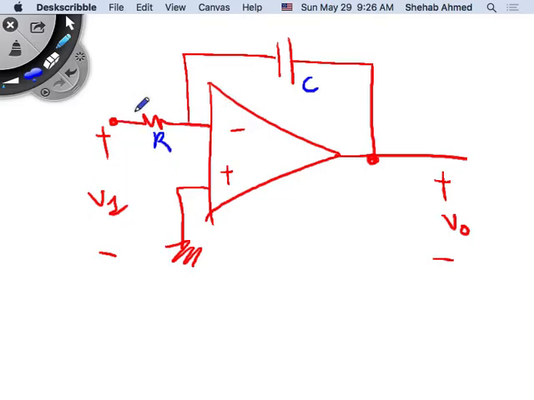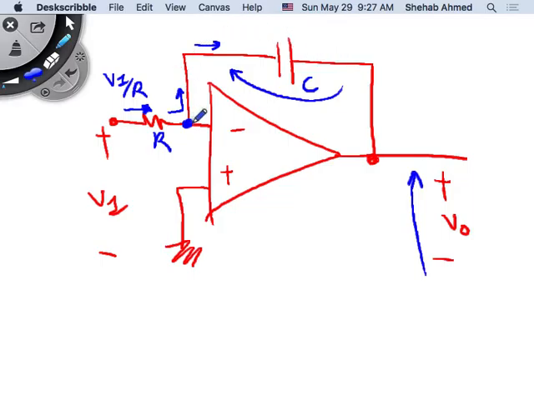I have current coming into the ohm path. What is this current equal to? VI divided by R, where VI is a DC value for now. So if it's a DC value, this is always going to be VI divided by R. This is an ideal op amp, so the current will flow up into the capacitor, right? If it flows this way into the capacitor, there's a corresponding voltage drop across the capacitor, and this is V output.